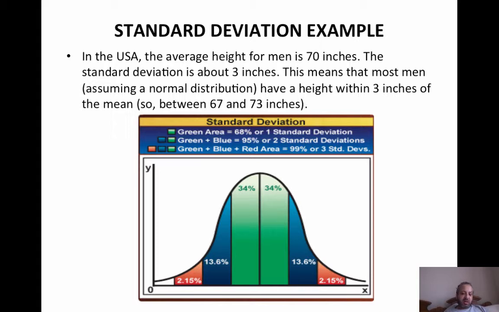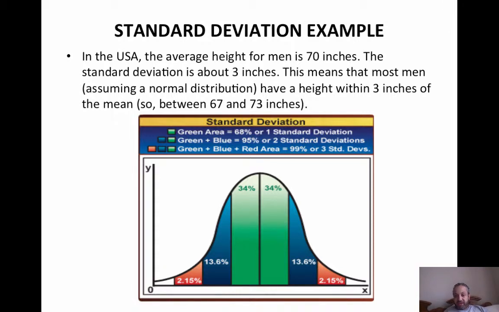What this is telling you is that, and pay attention, 34% of men are within one standard deviation to the right of the mean, or above the mean. Do you see how there's a line in the middle, that's the mean, and then to the right it says 34%, and then there's another line.